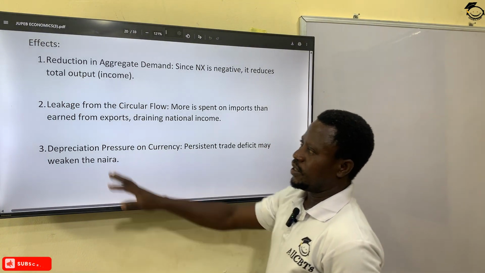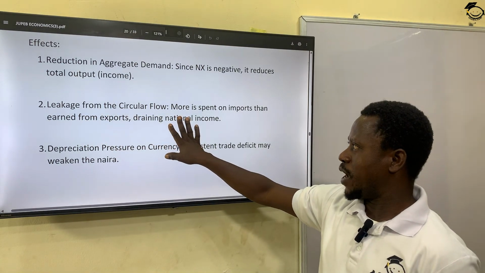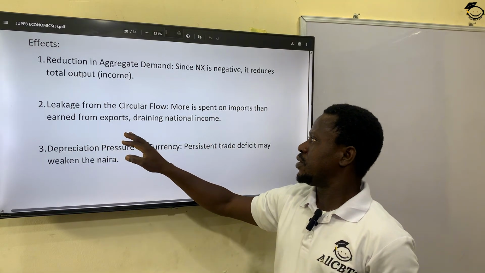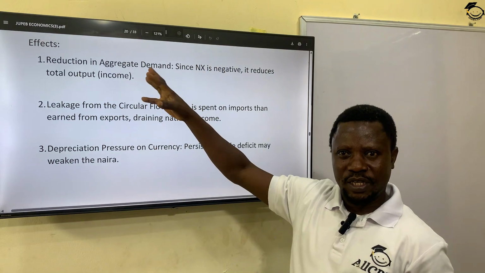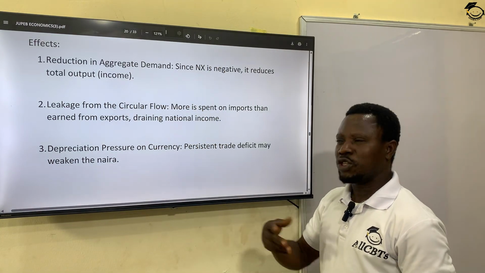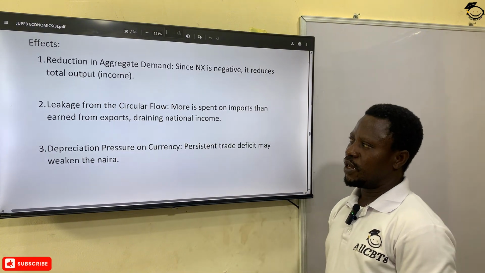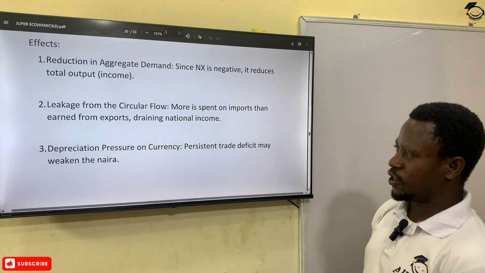Two, there are also leakages from the circular flow of income. Why? More money is spent on import than earned from export. By so doing, it's draining the revenue that we think we have gotten. We are paying more on import than what we are receiving from export.